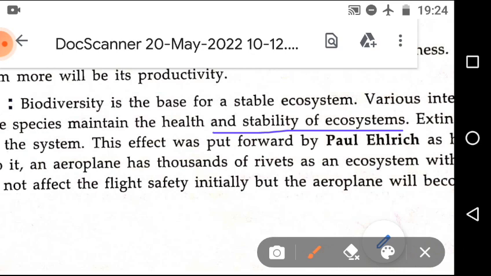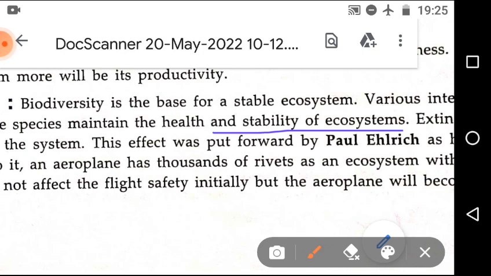I have listed the 6 ways: positive interaction, negative interaction, remember from the previous class. Like your prey predator relationship, this is common, one becomes the food of the other. Then commensalism, then amensalism, then your symbiotic relationship or mutualism, right? Different types of interaction have to be done among the species to stabilize the ecosystem.